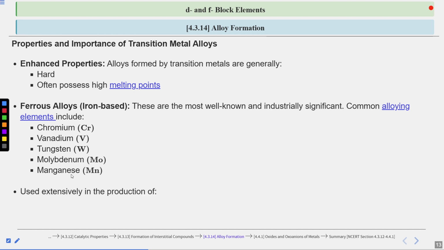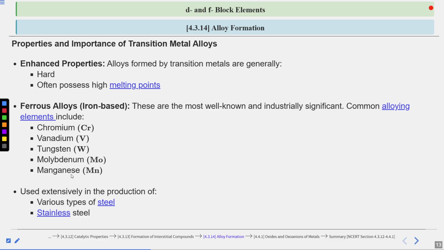These are the common elements used in alloy formation, and we call them alloying elements. They are used extensively in the production of various types of steel, because steel is an alloy, and also stainless steel.